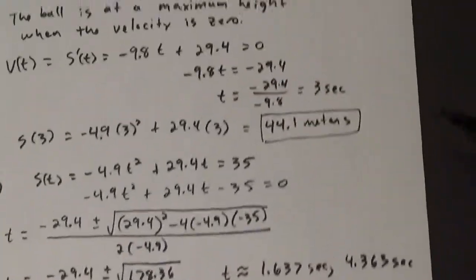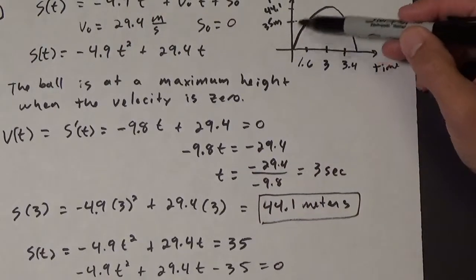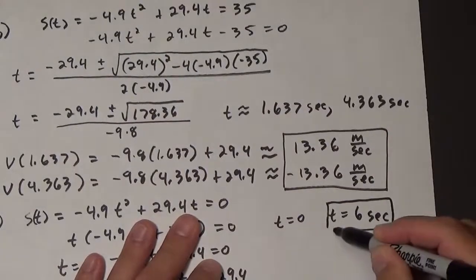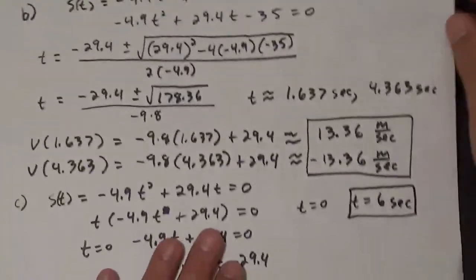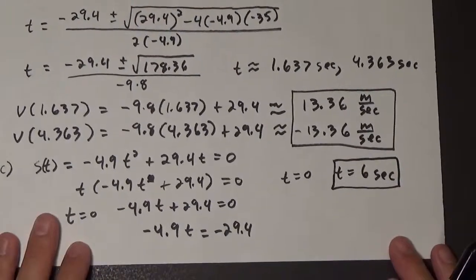And then in this case, we just have to think about what the question is asking. It's not asking when the ball is thrown up, it asks when it lands, so it must be this 6 seconds. Good.